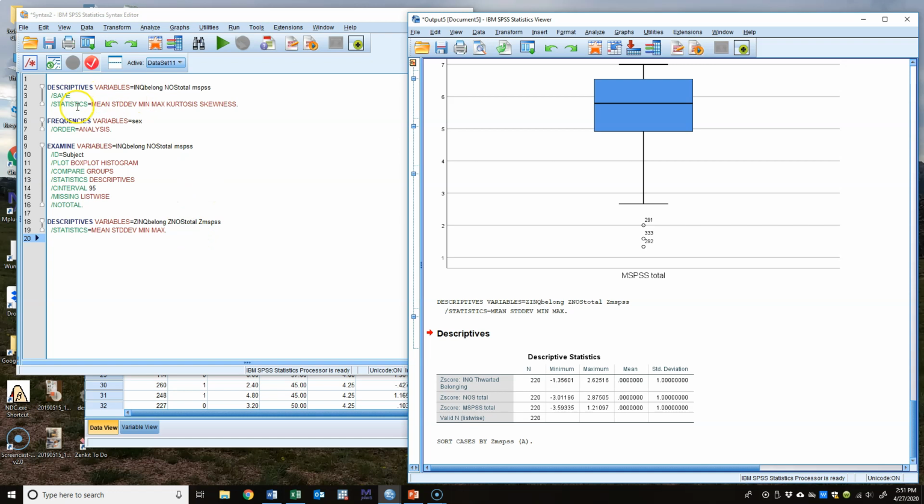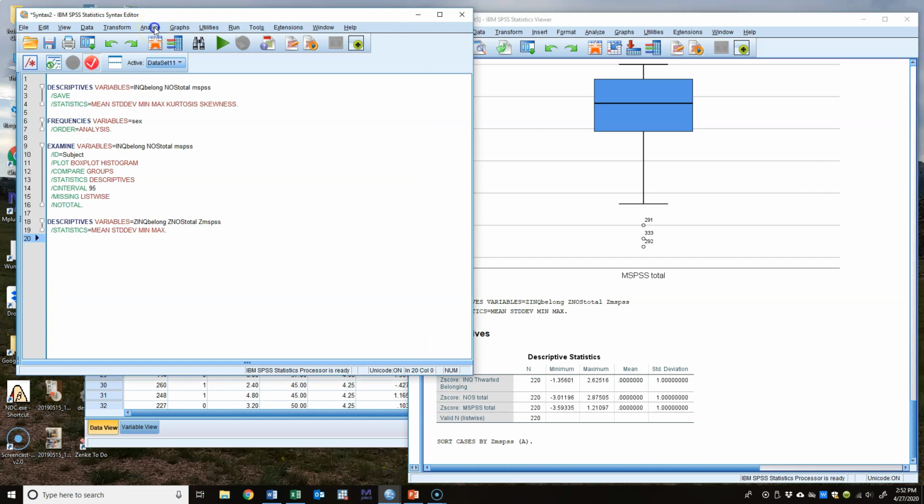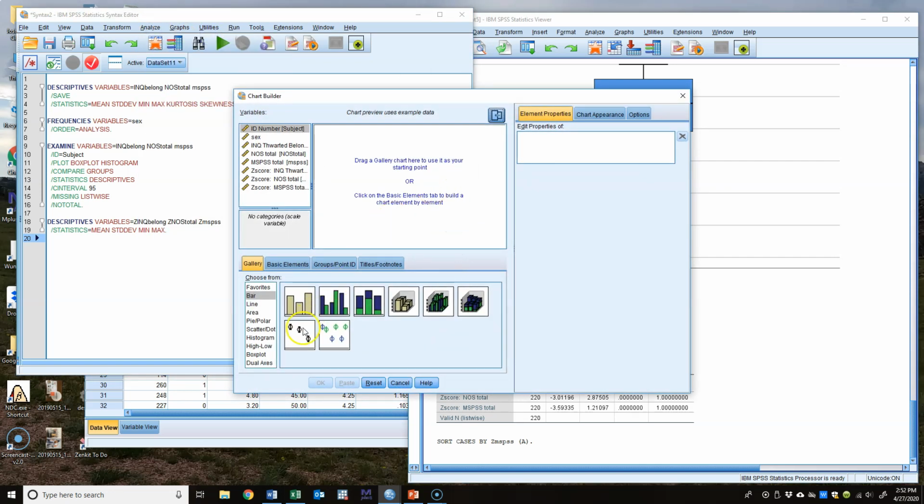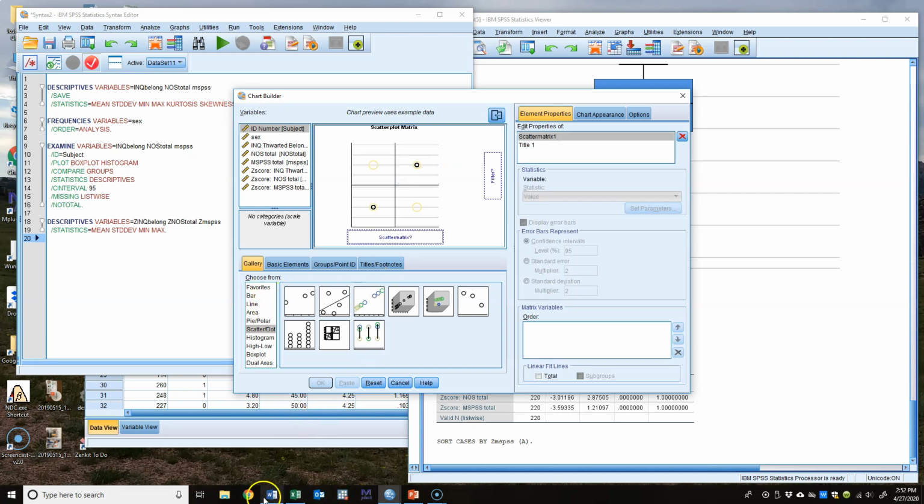So we've taken a look at accuracy, plausibility. We've looked at univariate distributions, extreme values, breakdown of our continuous variable. What I might want to do now is take a look at my bivariate plots for my first order variables. So I'm going to go to my scatter dot plot.